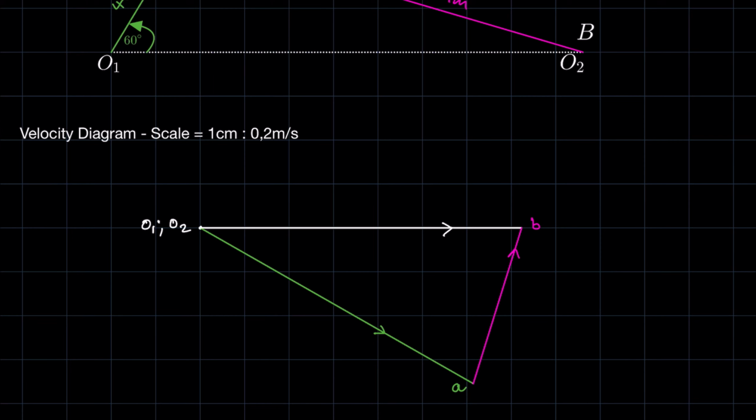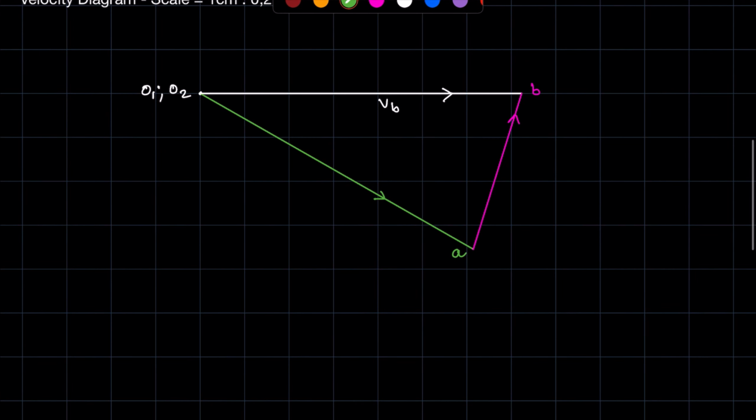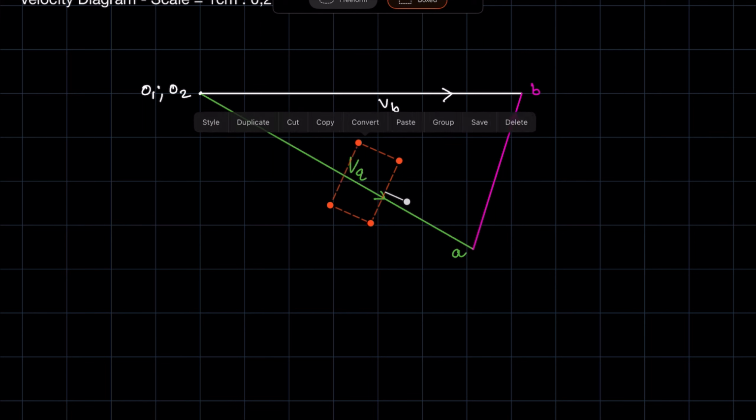Once you have this, it is convenient to label your velocity diagram. So we determine that's VB, and then we have VA. We determine that this here is VA.